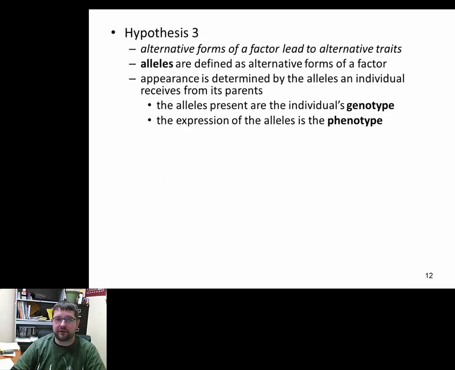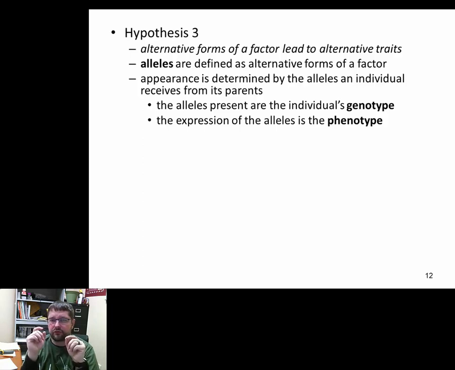His third hypothesis is that alternate forms of the factor lead to alternate traits. And what he called traits, we now call alleles. And that's just an alternate form of the gene. So again, like I said, you could be dominant or you can be recessive. Okay? These are alternate forms of the gene. And let's remember, genes are really just genetic code that codes for a certain protein and a certain structure of that protein.